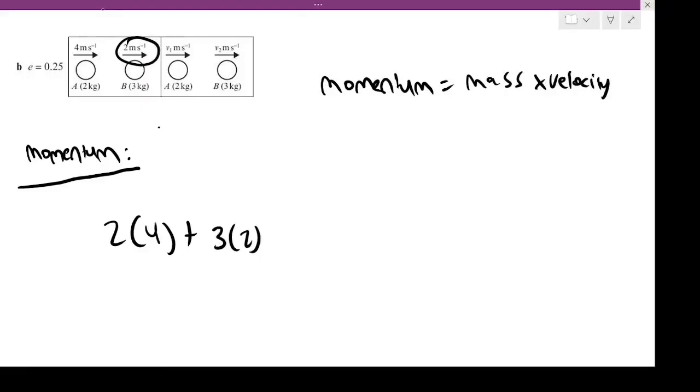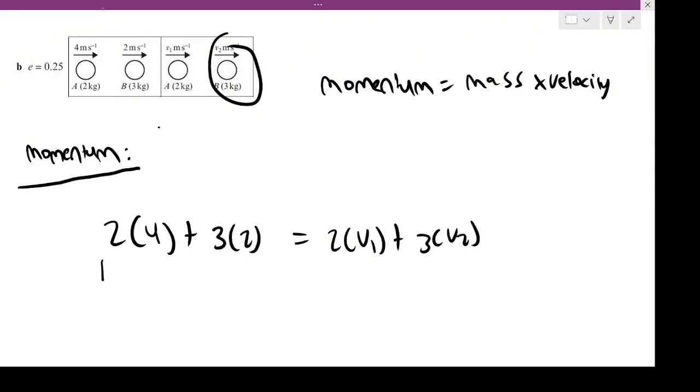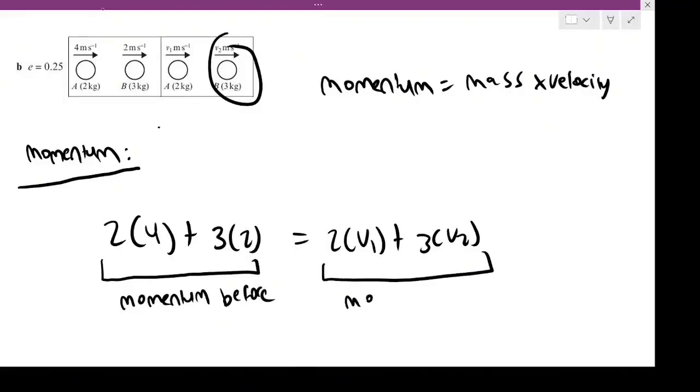That then equals the after momentum: the momentum of A afterwards is 2 lots of V1, and the momentum of B is 3 lots of V2. So this is my momentum before, and that's my momentum after. Due to the conservation of momentum, these two have to be equal. So hopefully you're happy with this equation. This is the conservation of momentum.